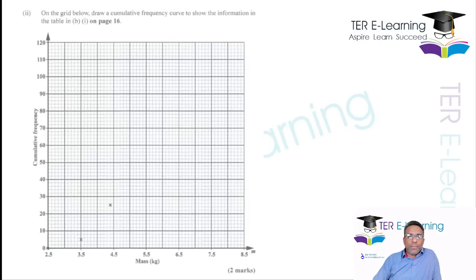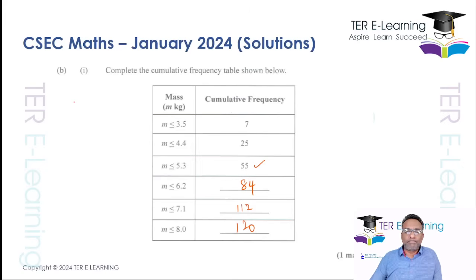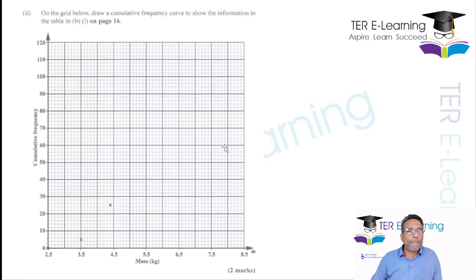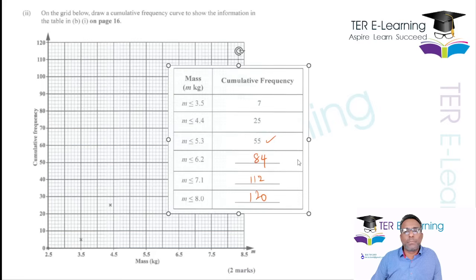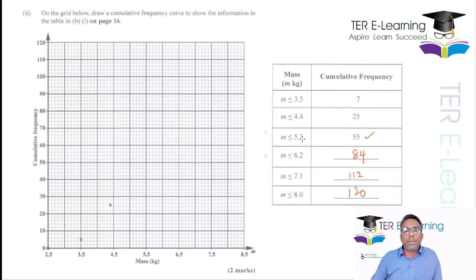Now, what do we do with this? On the grid, they want us to draw a cumulative frequency curve. Let me bring this a little closer. This is the data that we're going to use in order to draw that cumulative frequency curve.